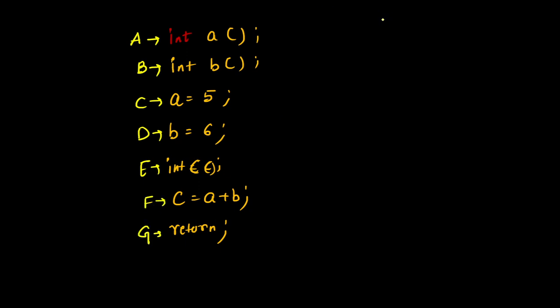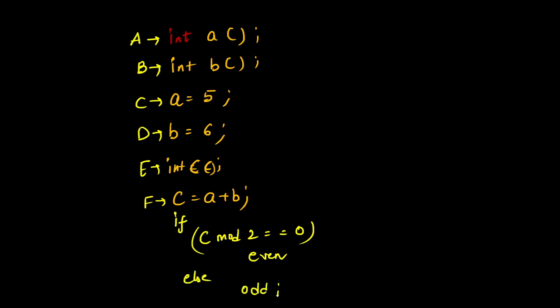Now we haven't had any if statement here, so we can write it in place of return, the program will get a bit bigger. Let's say if C mod 2 equal to 0, it is even, else odd. I'm writing this generally. Okay, and then I am saying return.